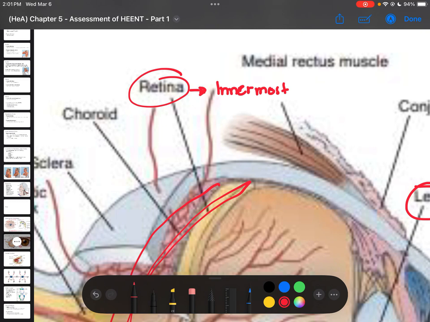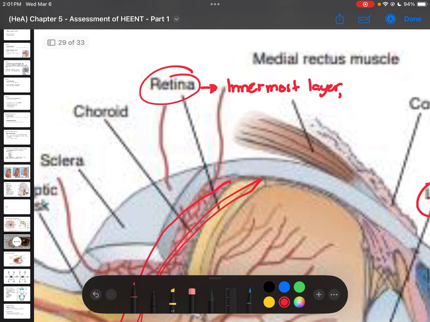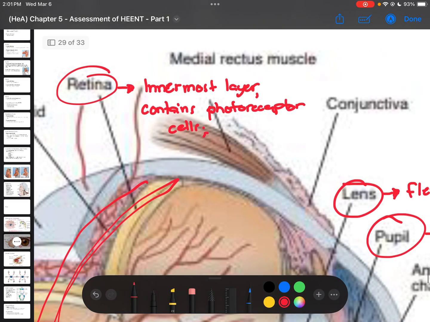It contains what we call photoreceptor cells, specifically our rods and cones.